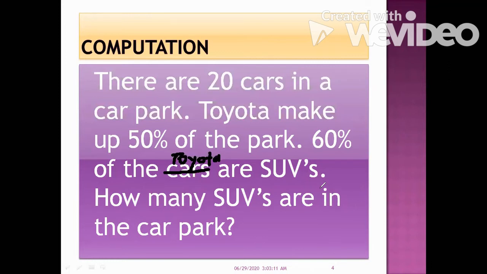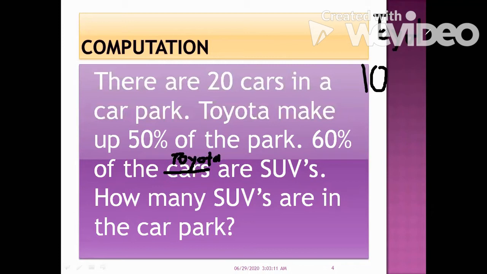What we need to do is find out how many Toyota cars are actually in the car park. Well, obviously 50% is half of the amount, so half of 20 is 10. So we have 10 Toyota cars.